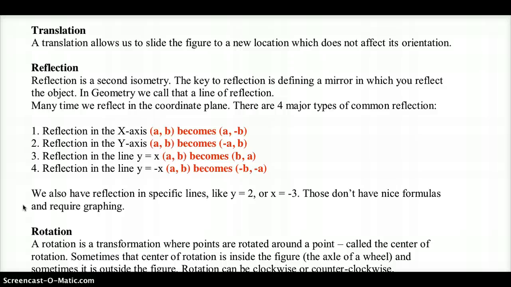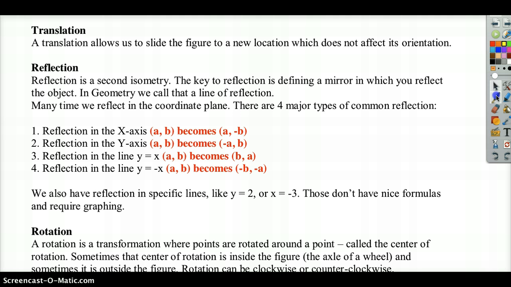There are four types that we will use for this particular lesson. The first is reflection in the x-axis. The only thing we're going to do if we reflect in the x-axis is change the b.